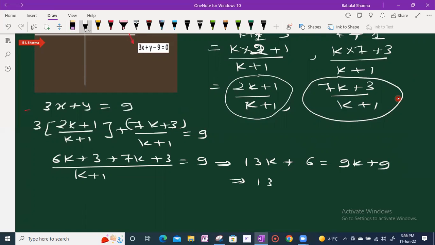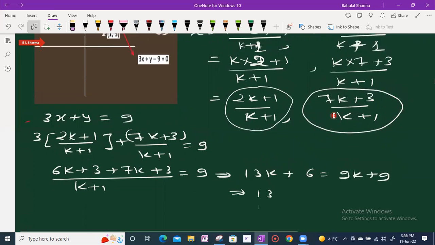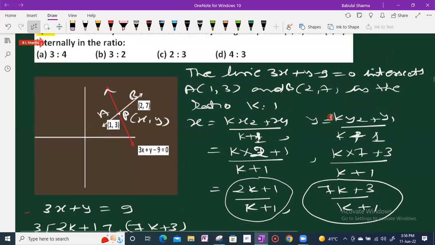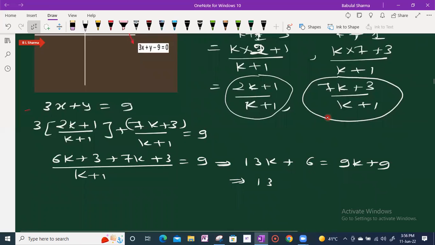So that is 13k minus 9k is equal to 9 minus 6. That is 4k is equal to 3.